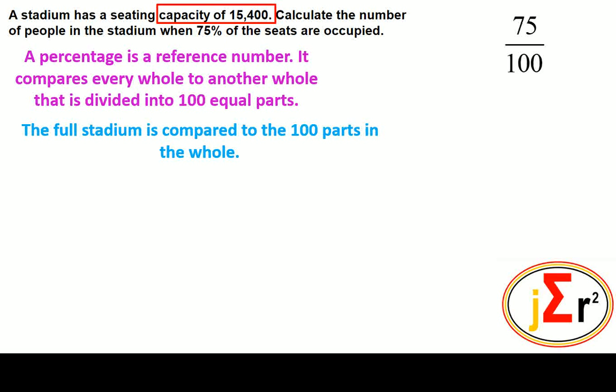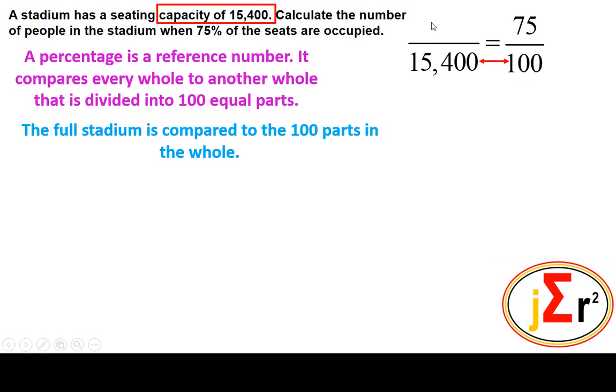The full stadium is compared to the 100 parts in the whole. So the 15,400 matches with the 100 parts of a whole. But of that whole that contains 100 parts, we are taking 75.